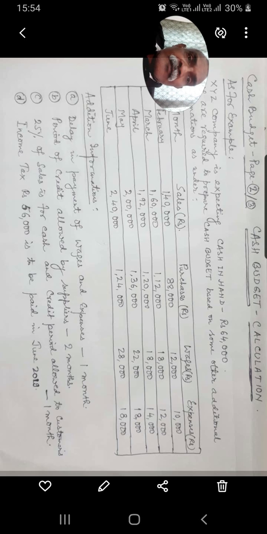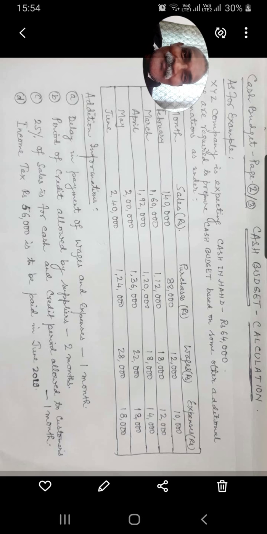Suppose in general, what you find. Suppose I'm joining some business, some organization. What do you think? Will you get your salary the day you join the organization?